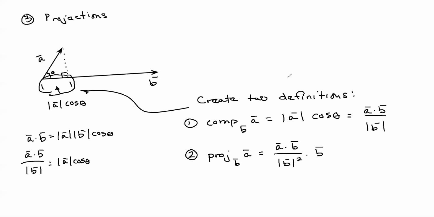Okay, so what that is, let me change colors here, is this vector here. So in a sense, it's the vector version of this. It's the vector form of the component.